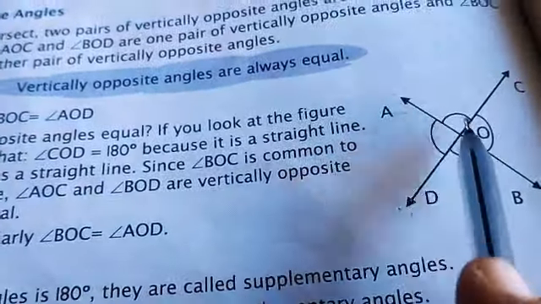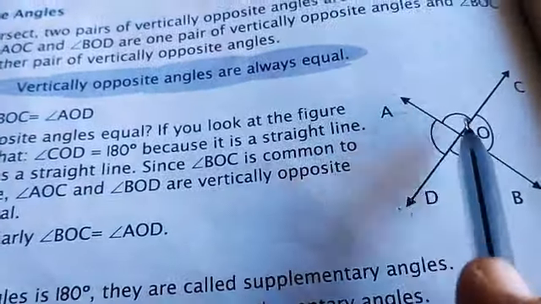So we can write that AOC is equal to BOD. ये दोनों same है. And we can say that BOC is equal to AOD. These both are same. Now we go for the supplementary angle.